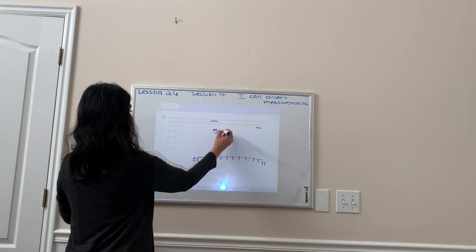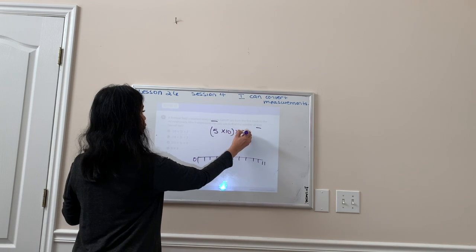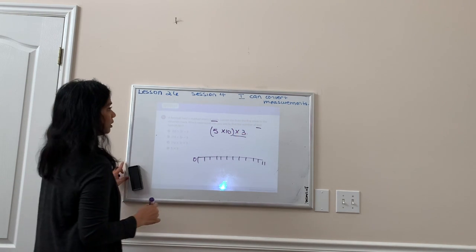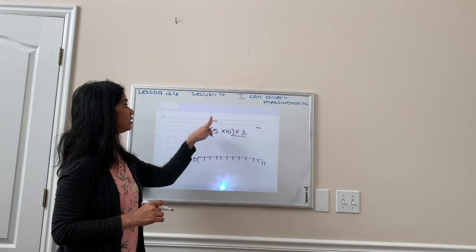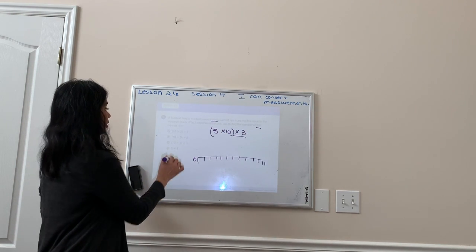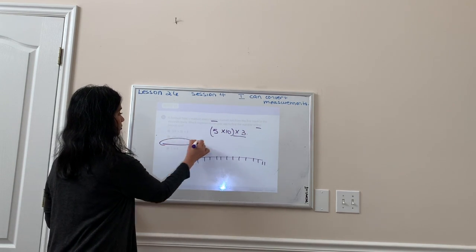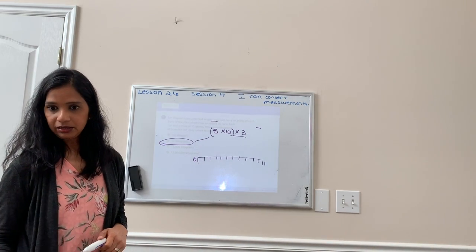So it'll be 5 times 10, and then you're going to multiply it by 3. And we multiply it because we are going from yards to feet. That's a bigger measurement, and feet is a smaller measurement. All right, so it'll be C. Got it. And number 5.